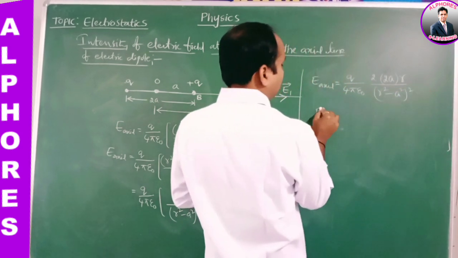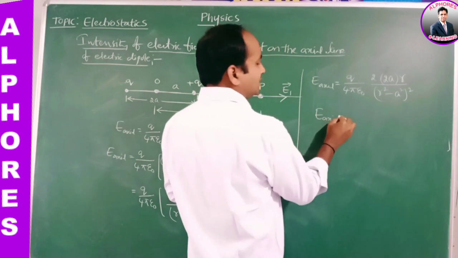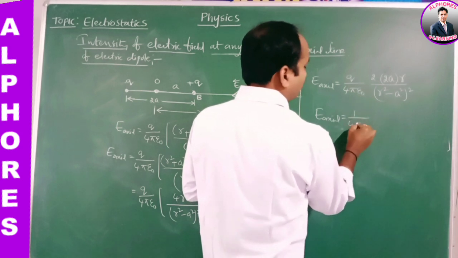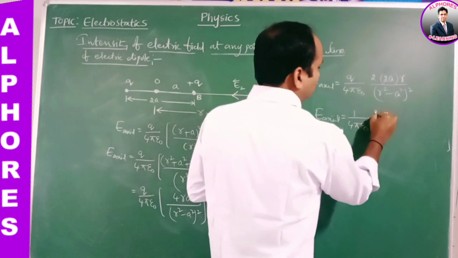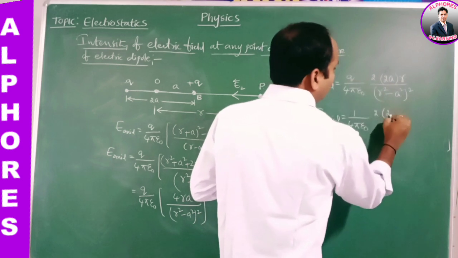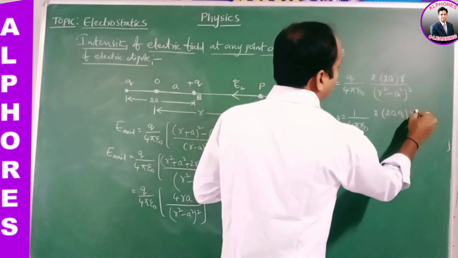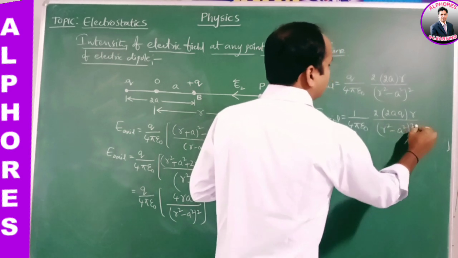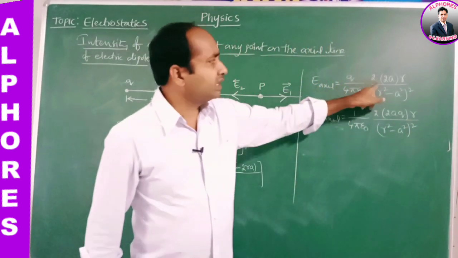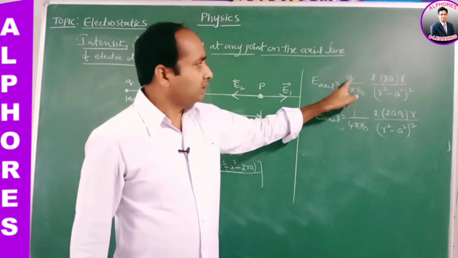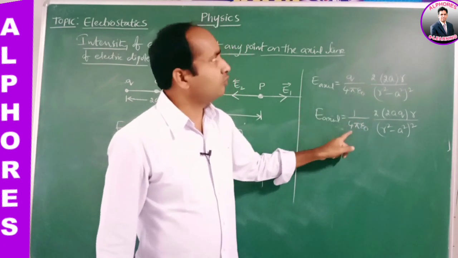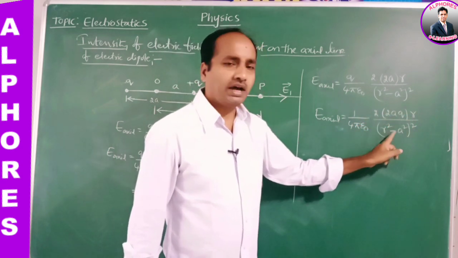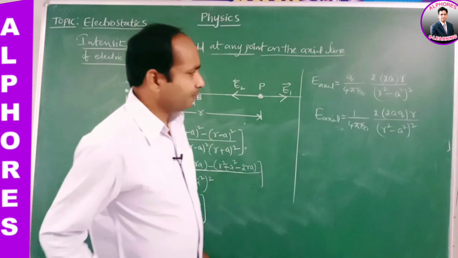So the intensity of electric field on the axial line may be written as 1 by 4 pi epsilon naught, 2 into 2aq times r by (r square minus a square) whole square.